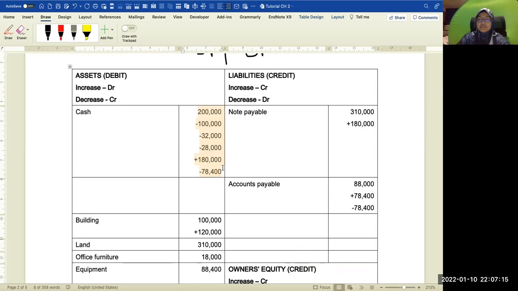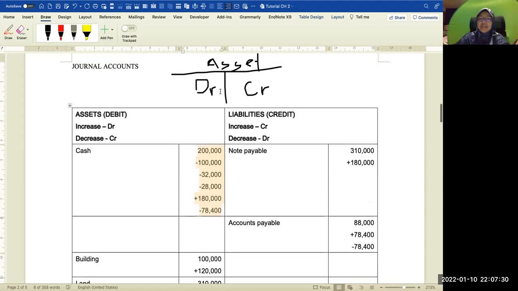Increase should be positive and decrease should be negative. An increase should be on the debit side, and a decrease should be on the credit side. So if there's an increase, you put it on the debit side of the account, and if a decrease, minus, you put it on the credit side of the account.